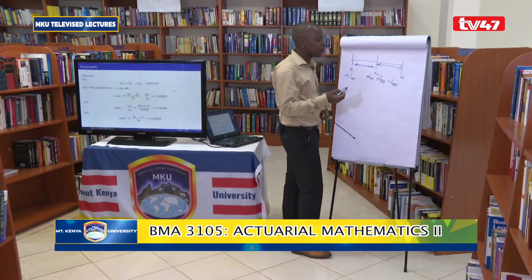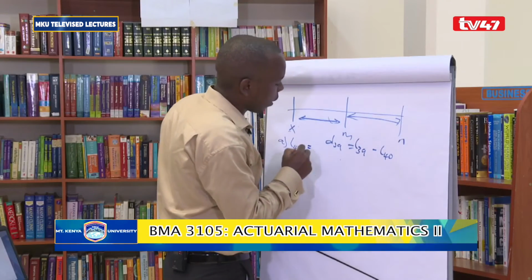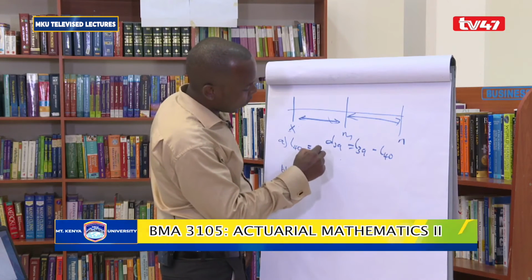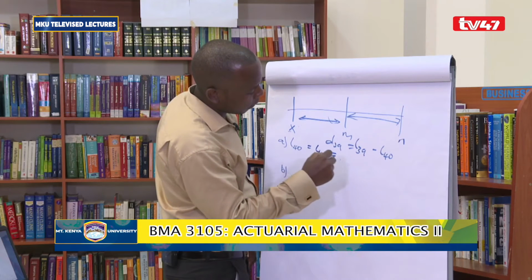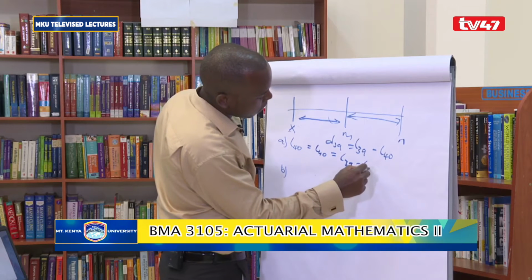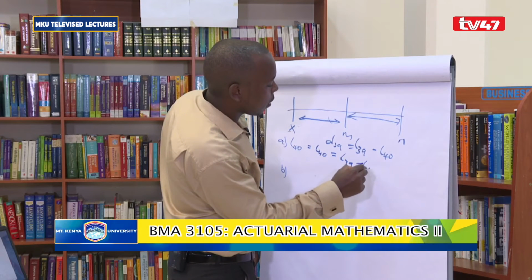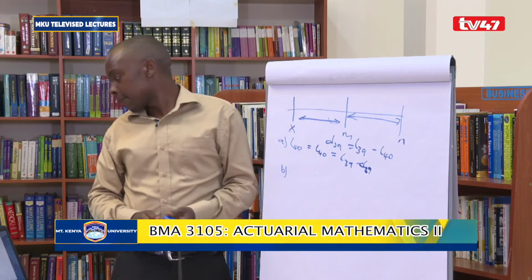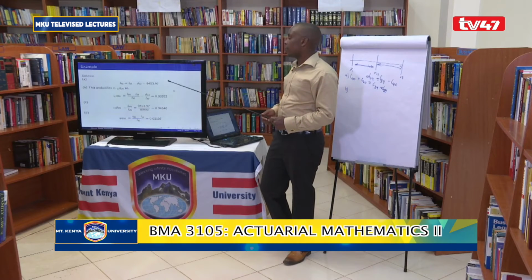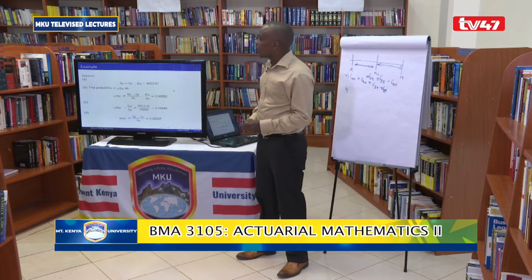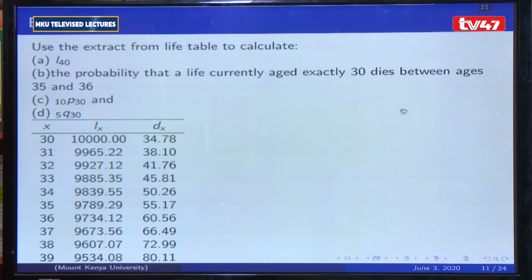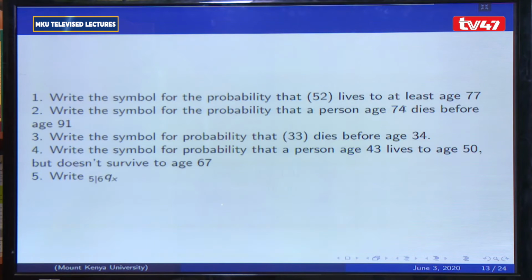So this is where we obtain a formula to work out l 40. Making l 40 the subject of this expression, l 40 is equal to l 39 minus d 39, and that gives us 9,453.97.